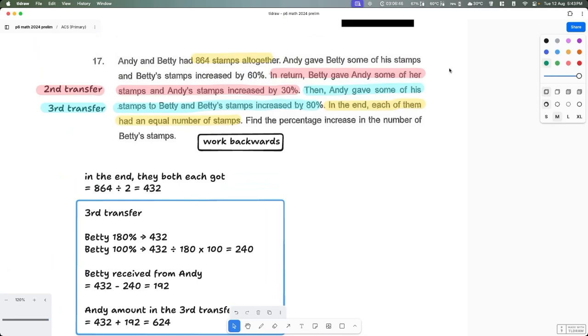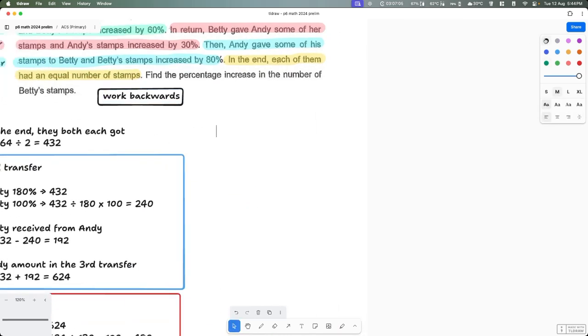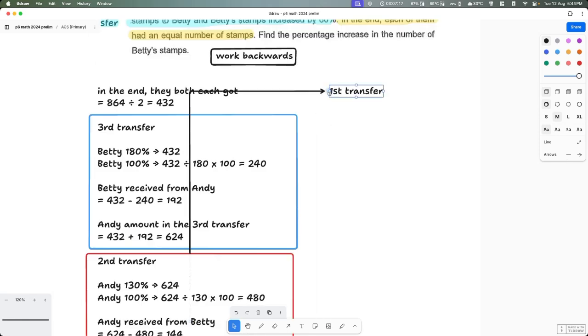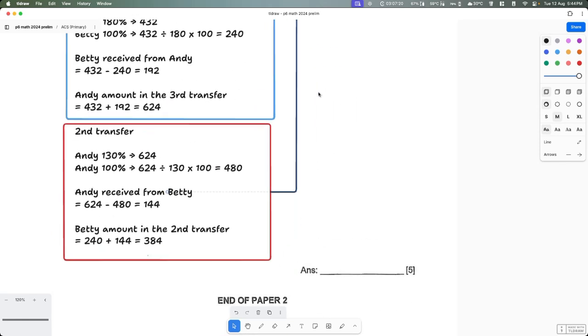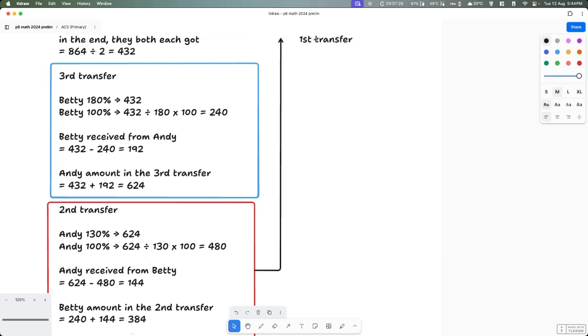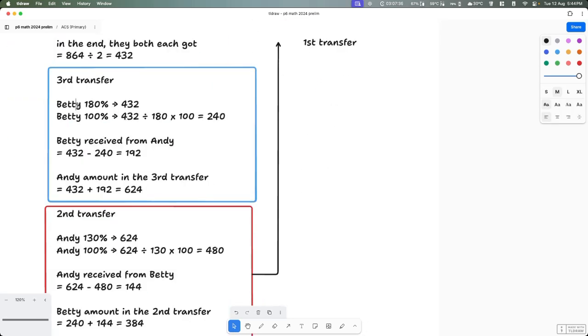For the first transfer, I'm going to make this green. Andy gave Betty some of his stamps, and Betty's stamps increased by 60%. I'm going to make an arrow so it's easier.